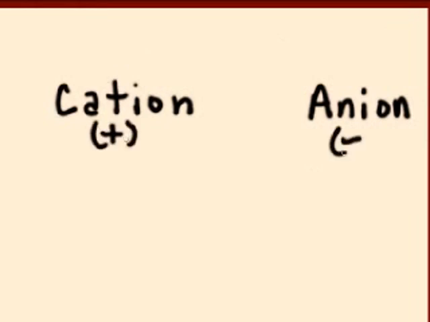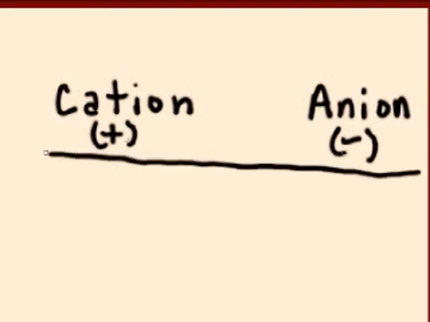Okay, we'll put the cation here. That's the positively charged ion, and the anion here. That's the negatively charged ion. So let's put a plus under this one and a minus under this one. And let's identify some of these important ions in the body.